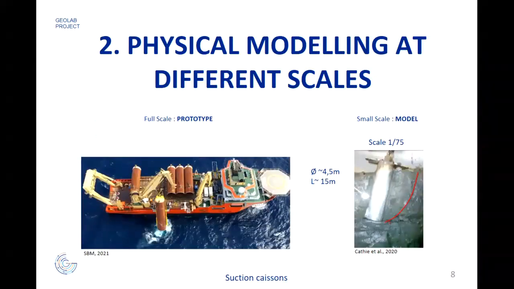So I move to physical modeling at different scales. For instance, here there are pictures of suction caissons. You can see on the left the full scale, something of 5, 6 meters in diameter, 30 meters long, and on the right, the centrifuge at scale 1/75. So it's quite a bit smaller, and we can test this type of foundation.